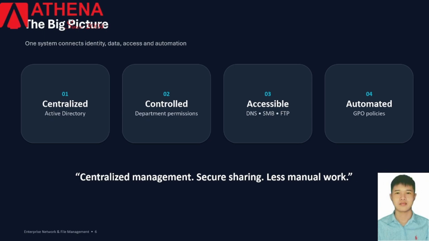Third, accessible: DNS, SMB, and FTP make the data easy to reach. And finally, automatic: GPO reduces repetitive work. This is the real goal of my project, not simply building a network, but building a network that is organized, controlled, accessible, and easier to manage.